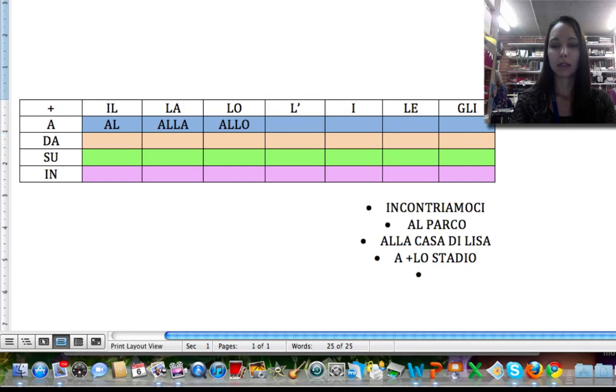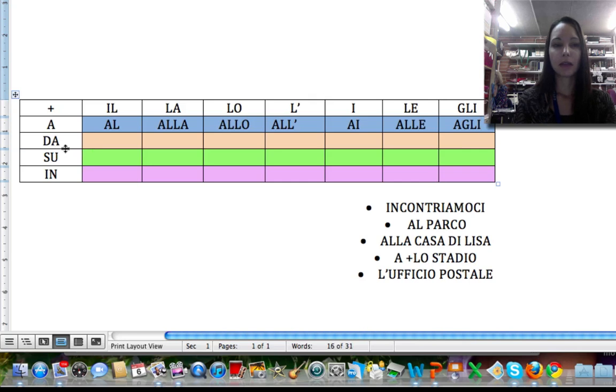Say we want to meet at the post office. Post office is l'ufficio postale, because we have a vowel, it takes l'. We combine that with a, and it becomes all'ufficio postale. And to create the plurals, we follow the same pattern. We combine the two words: ai, alle, agli.